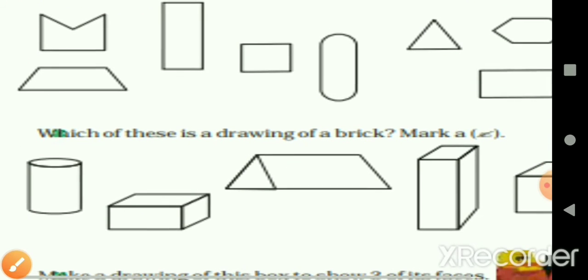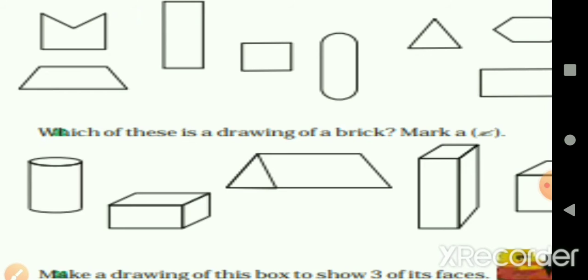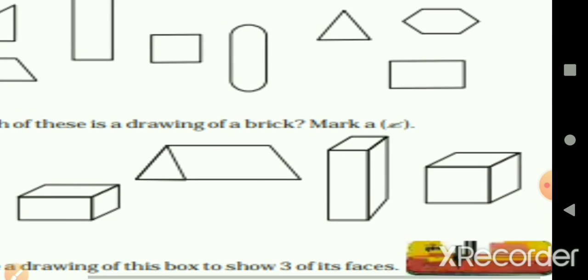Now next question, which of these is a drawing of a brick? Mark a right. Here there are 5 drawings of a brick given, so you only tick right the correct drawing of a brick.